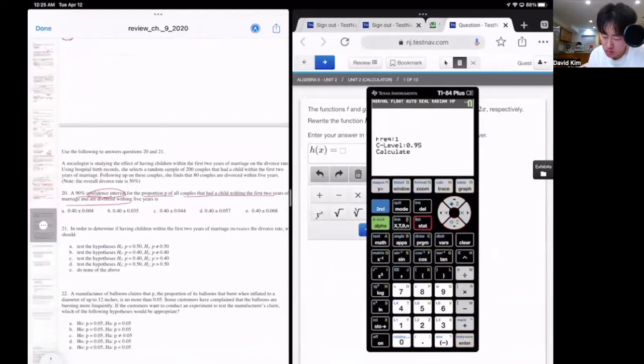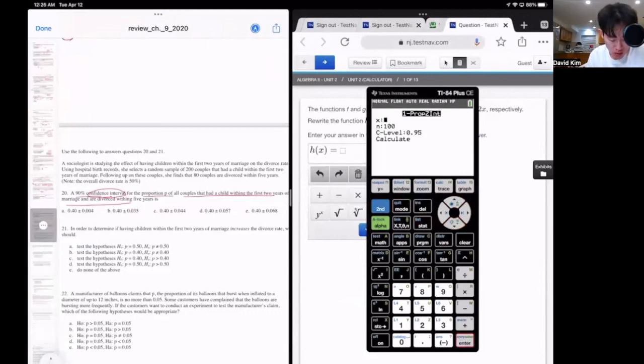But the only problem here is that it doesn't actually give me two sample Z tests. I think we have to just put in the Z test here. Right, one proportion interval, that's where it should be.